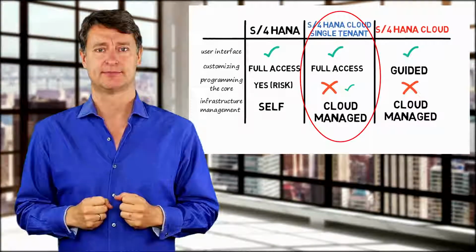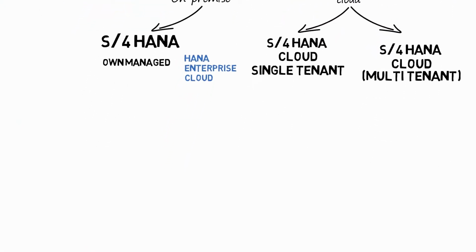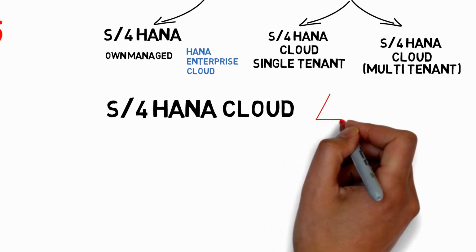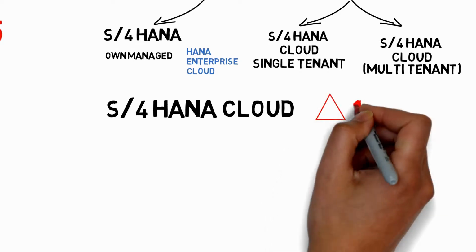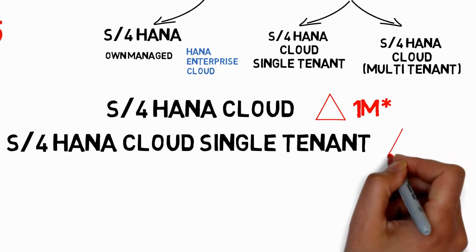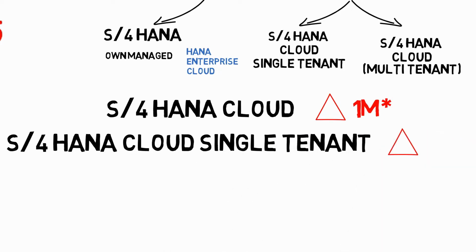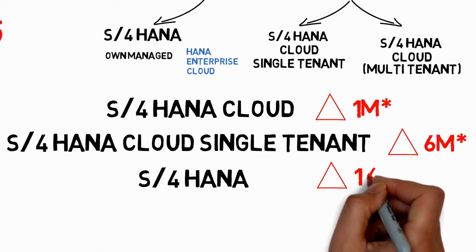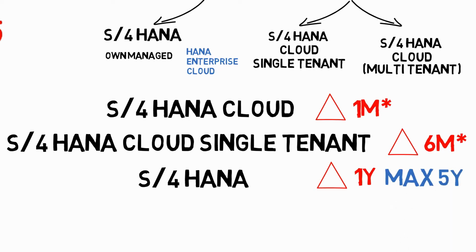What about the update frequency of those different versions? The S4HANA Cloud multi-tenant environment has an update every month. The S4HANA Cloud single-tenant version has an update every 6 months, but you can ask for a delay. The S4HANA On-Premise Edition has an update every year, but you have to update at least every 5 years.